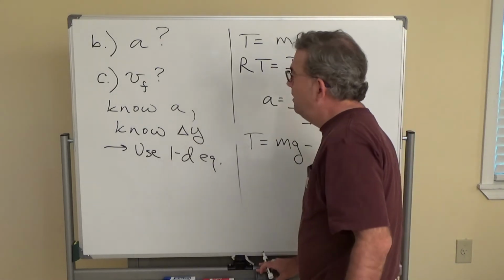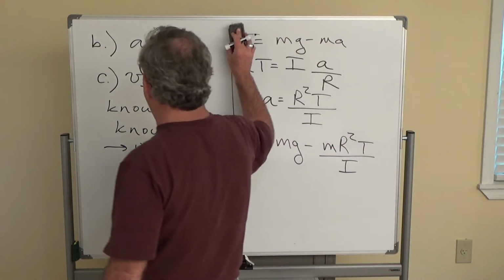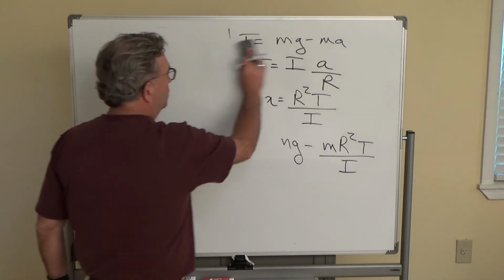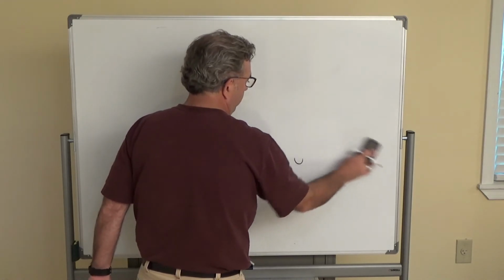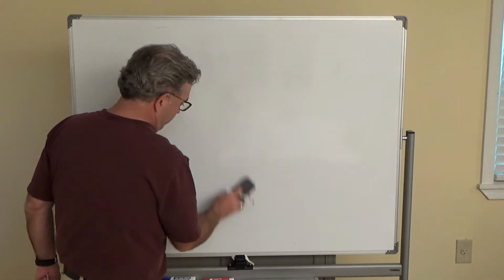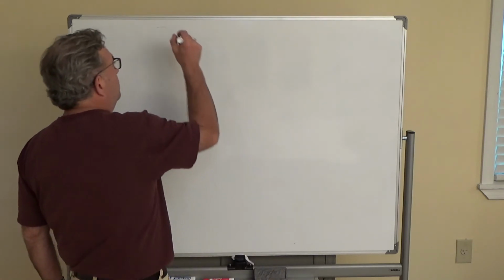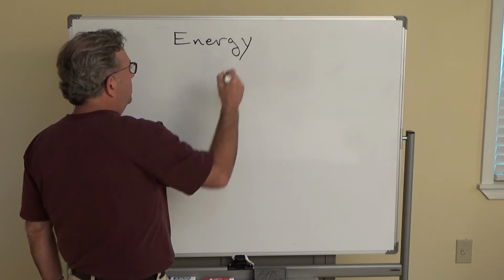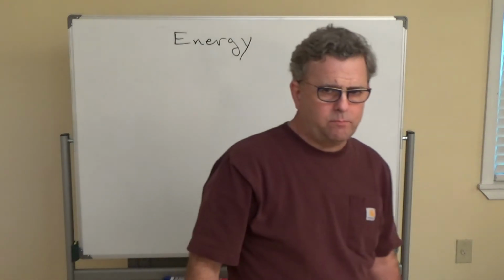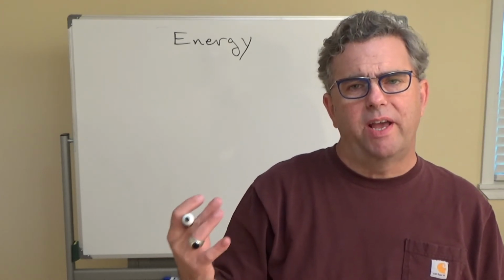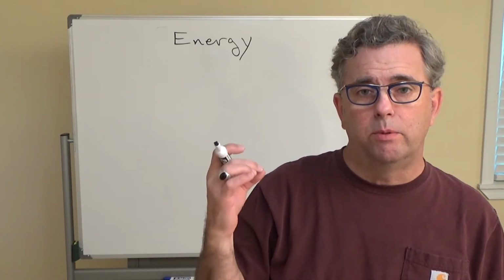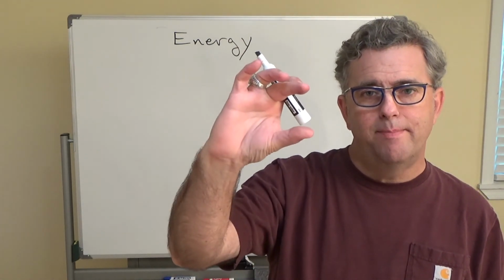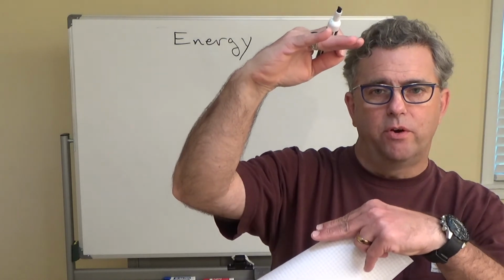I did want to mention, even though I didn't put any points for it, it's got one of those sections where you upload an explanation or something. I did want to mention the energy consideration for this. How much potential energy is available to the system? Little mgh. You have a tiny mass, it's h above the ground.